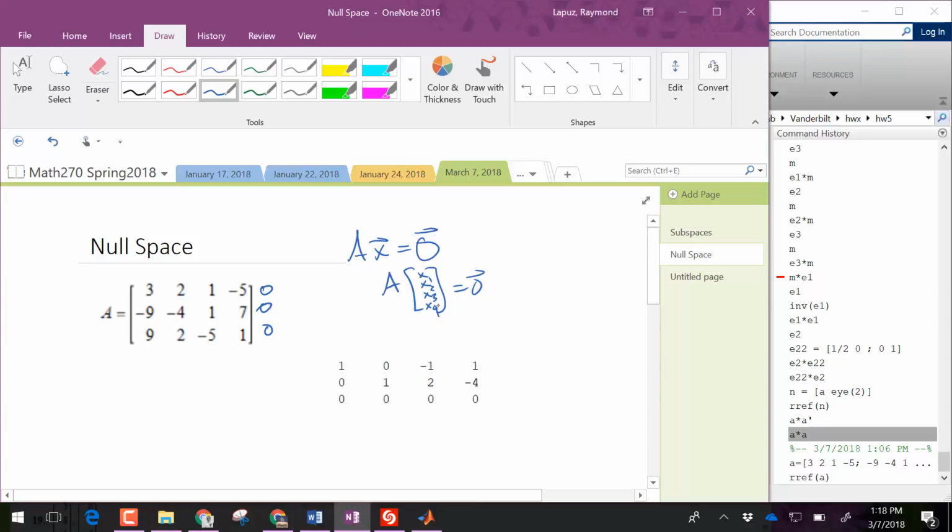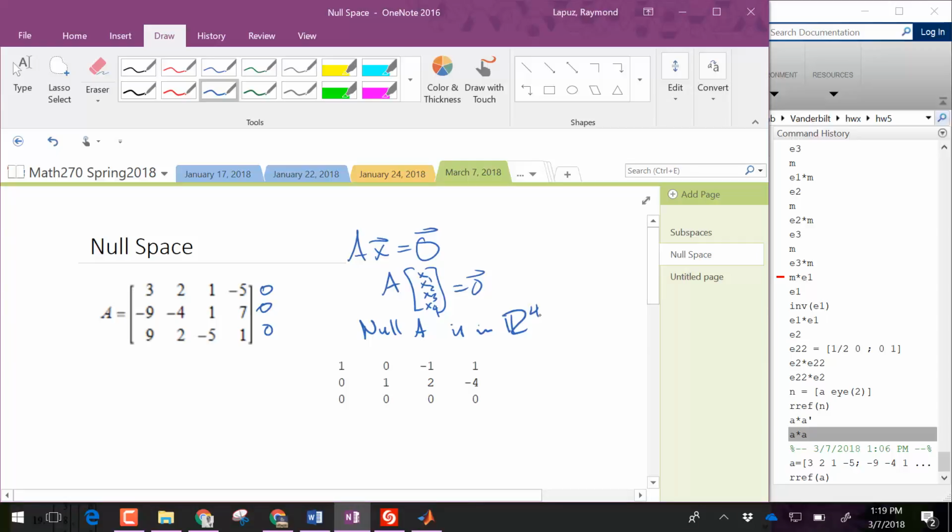So your null space, Null A, is in R4, four-dimensional space. Now, unfortunately, we're not going to be able to see that anymore, but we can still imagine it.